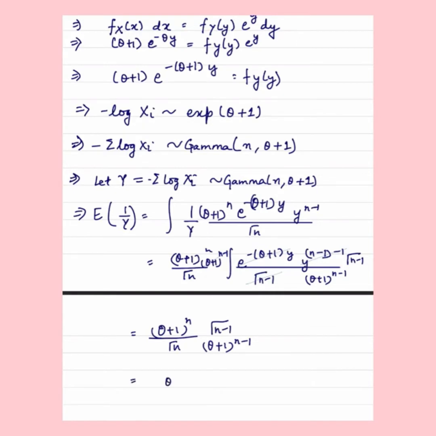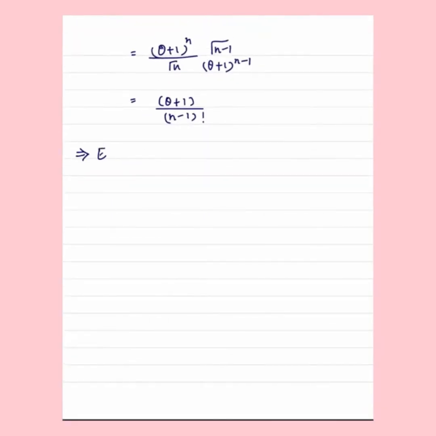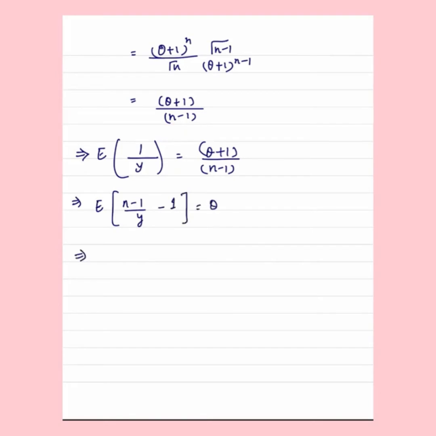Hence, we get that the expectation of 1 upon y equals (theta plus 1) upon (n minus 1). Hence, (n minus 1) upon y minus 1 is an unbiased estimator of theta, which implies minus (n minus 1) upon summation log xi minus 1 is an unbiased estimator of theta.